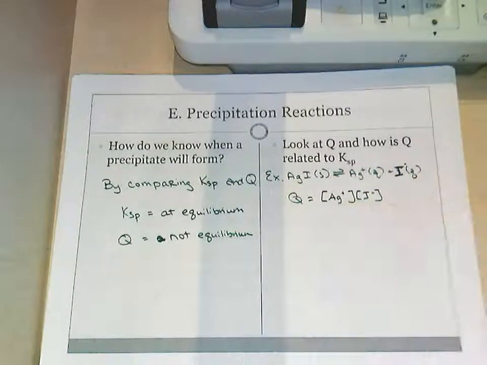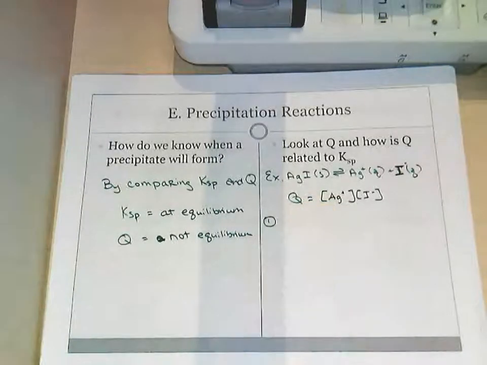What would be in the denominator? 1, right? Because it's a solid. So you're going to write it like your KSP expression, just we're going to talk about Q. And then these were the 3 spots we could possibly be, right?